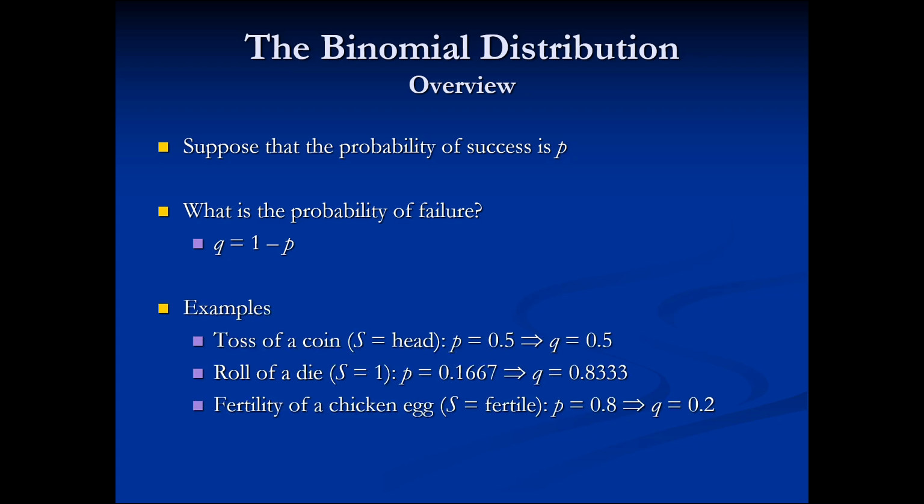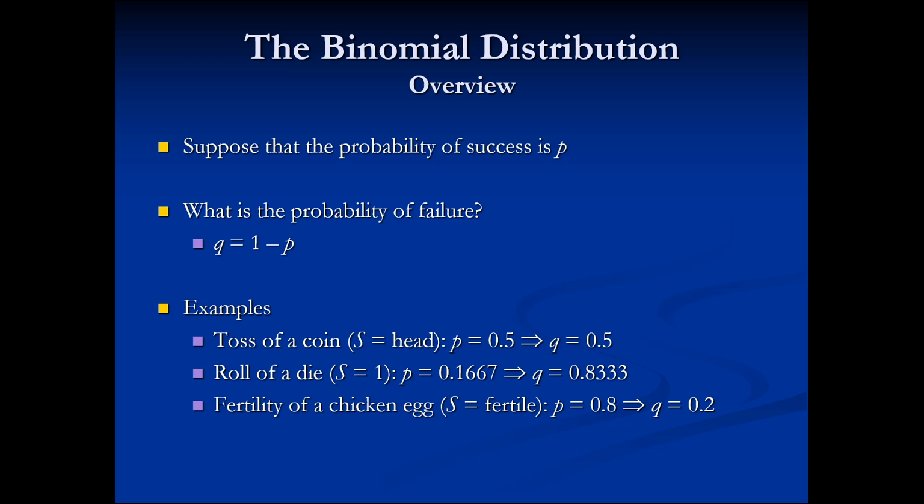Previously we gave some examples, that is, tossing a coin and throwing a dice. For these examples, what is the success and what is the failure? If you toss a coin and S is a head, that is, the outcome is considered as a head, then the probability of success, denoted by small p, is 0.5. How does it become 0.5?